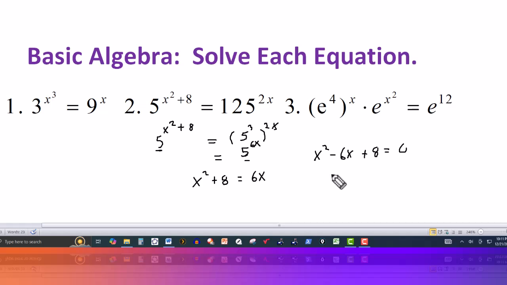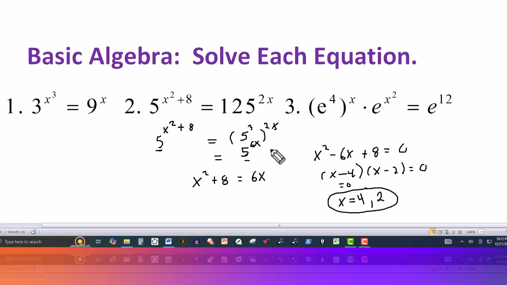The quadratic has one side 0, so we can factor this into x minus 4 and x minus 2. Set each factor equal to 0 and solve for x. If I set this one equal to 0, bring the 4 over, I get x equal to 4. If I set x minus 2 equal to 0, take the 2 over, I get x equal to 2. So my two solutions for this quadratic are x can be 4 or 2.